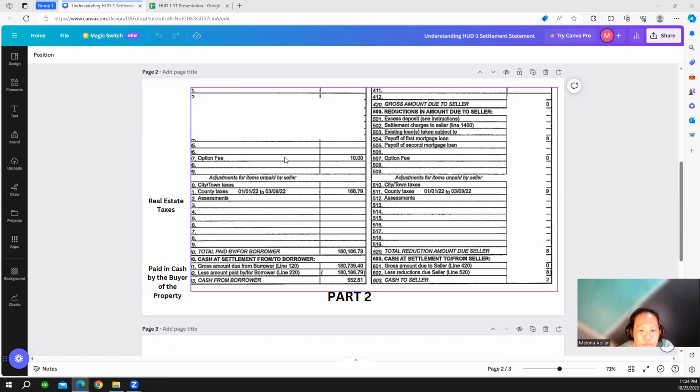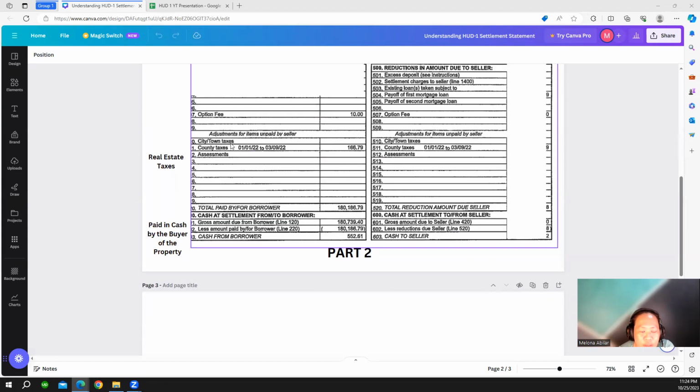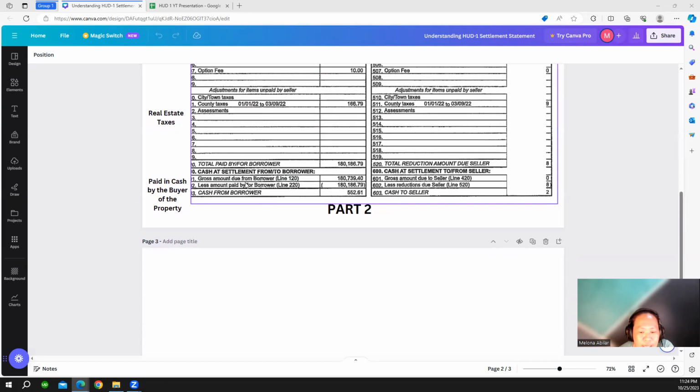So for part two, we are now dealing with the next part of the settlement statement, which also shows the option fee. And then also the adjustment for items unpaid by seller, which is composed of city/town taxes and county taxes. So these are actually real estate taxes. Then we can also see in part two the cash paid by the buyer of the property, 552.61.